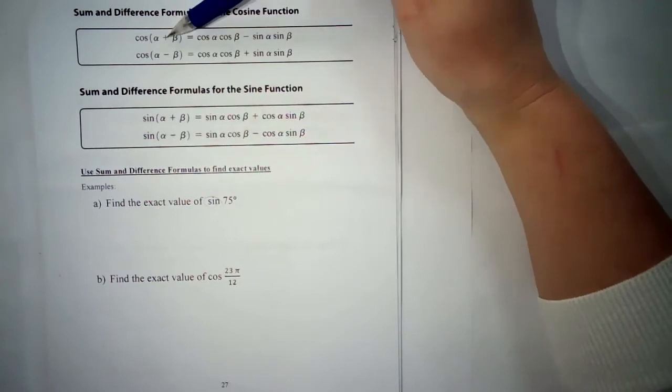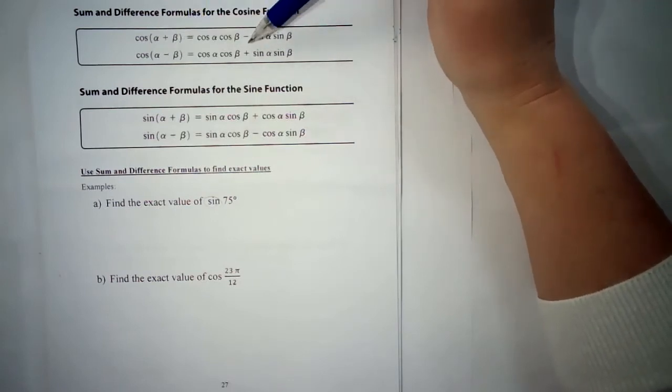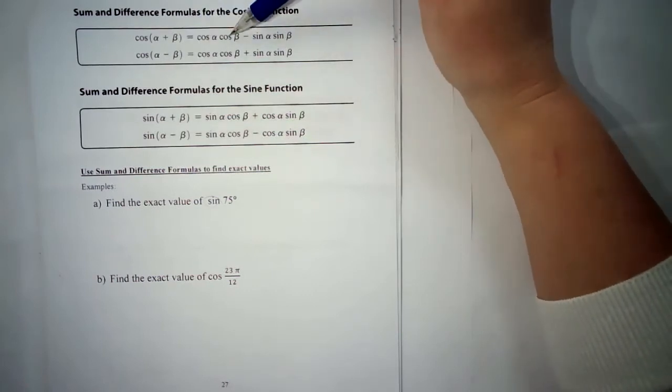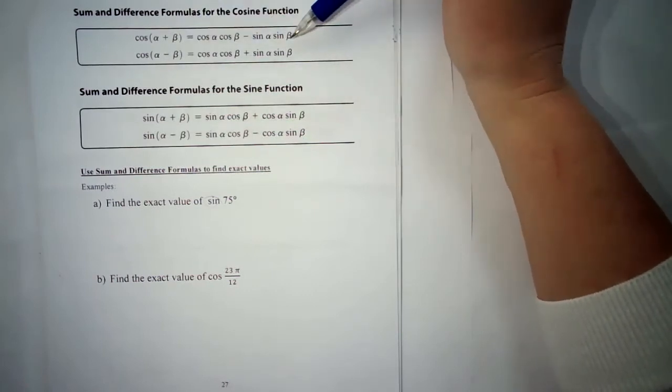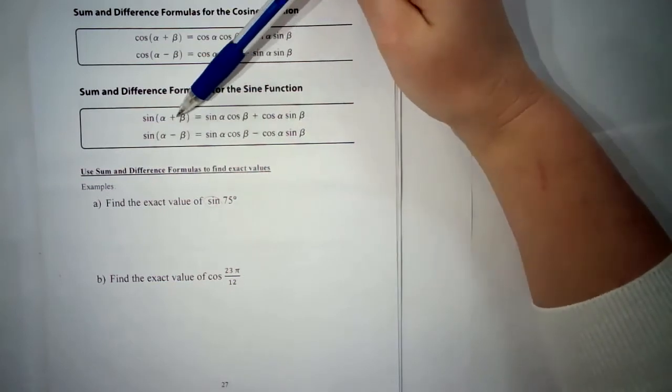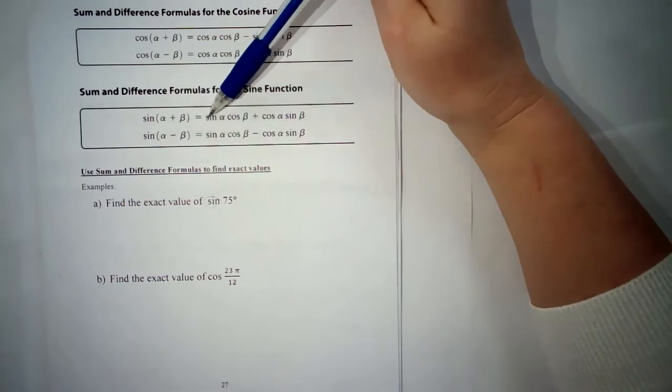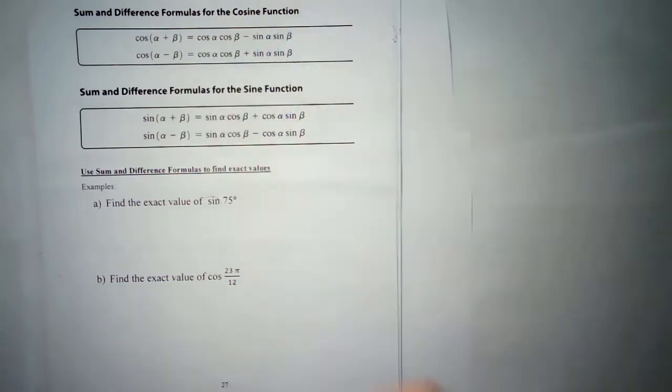Because notice, like for cosine, the sign that's in the middle is opposite of what you get in the beginning. And then cosines stay together and sines stay together. For the sine ones, the sine is exactly what you see here, but then sine and cosine mix. So it gets really confusing if you don't have these written down. That's why to me, it's ridiculous to memorize them because it's so easy to make a mistake, right?